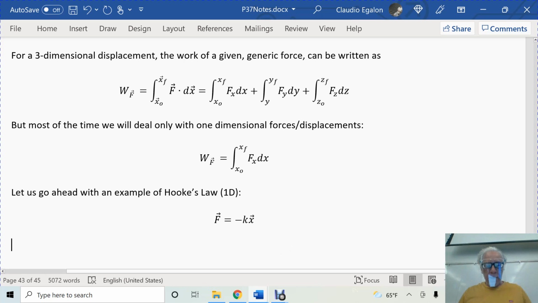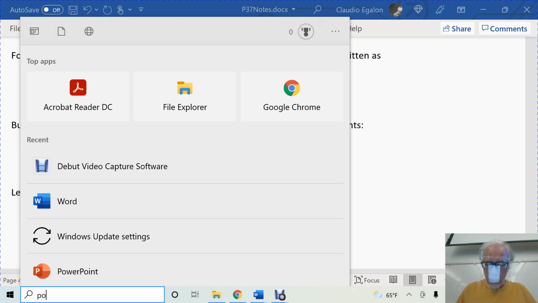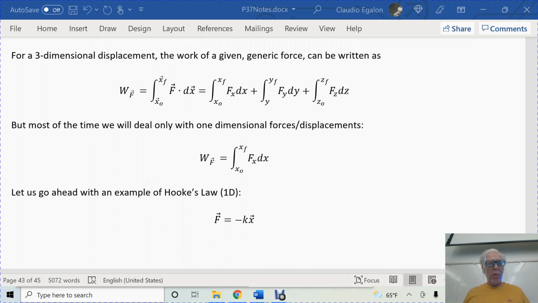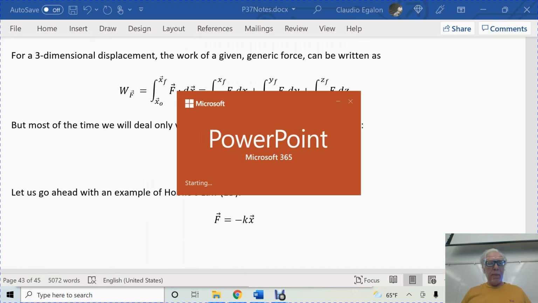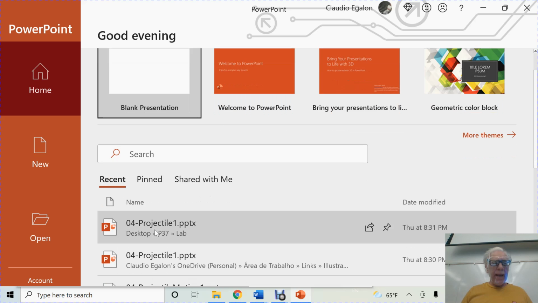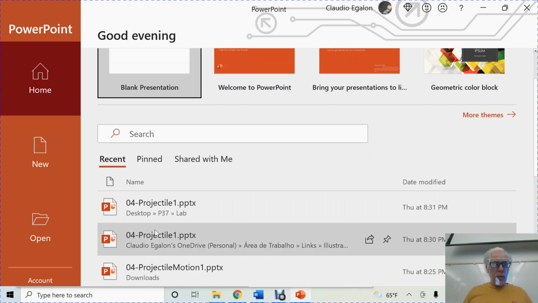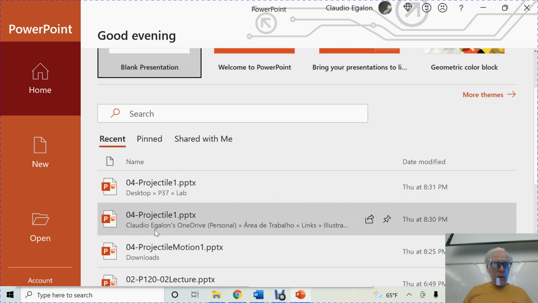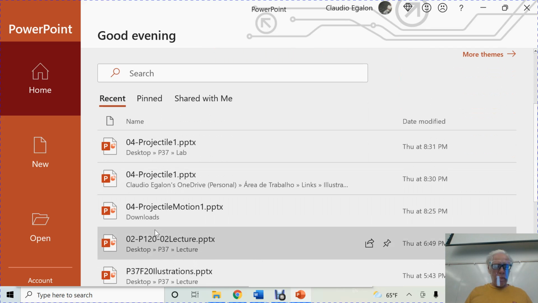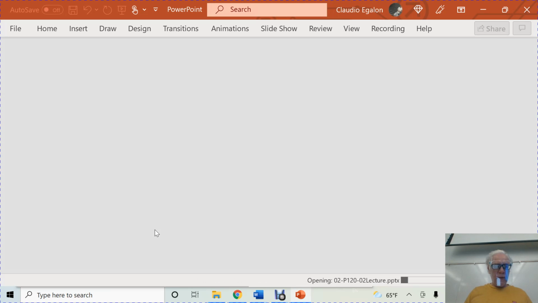Let me see if I have an illustration here, Hooke's law, PowerPoint. So the idea of this course, remember, is first to introduce you to simpler situations so you can generalize later on. So we have this one right in here.